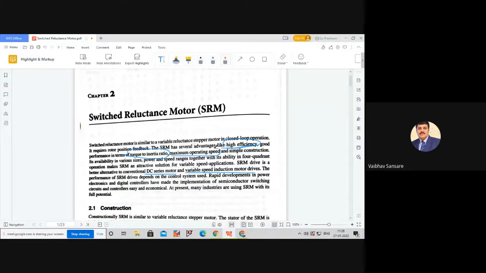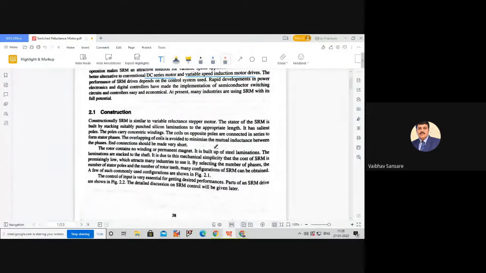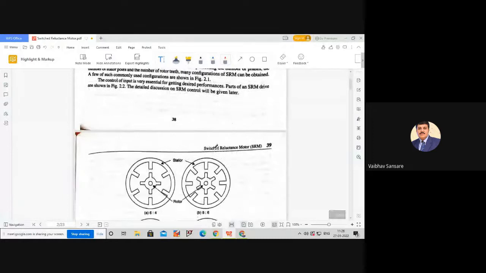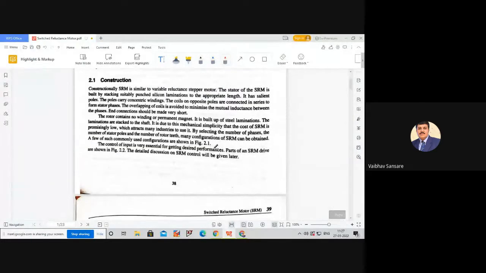Now, after these features, let's move towards the construction of SRM. As I have already explained, the construction of a switched reluctance motor is similar to the variable reluctance stepper motor. You are familiar with the construction of a variable reluctance stepper motor, so let's recall that construction. The variable reluctance stepper motor consists of a stator and rotor.